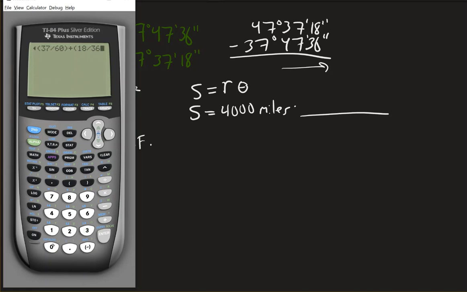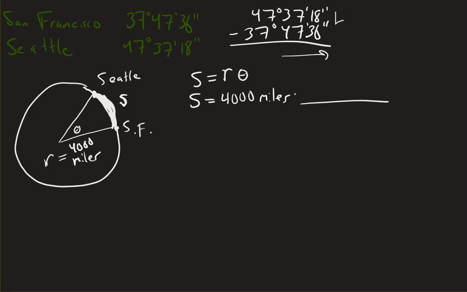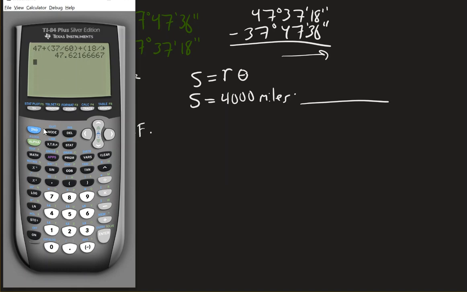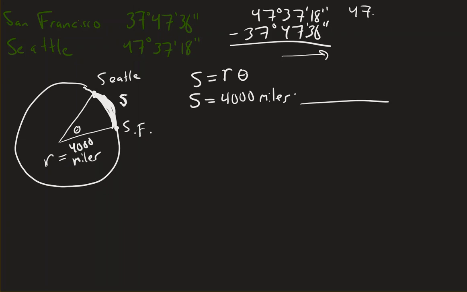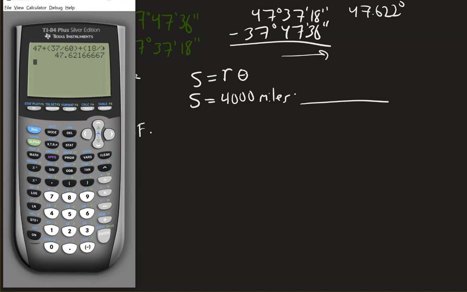There's 3,600 seconds in an hour. So this is the same as 47.622, approximately. You can see that we could actually keep up with some more decimals.